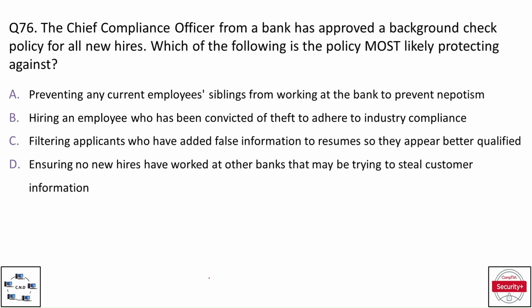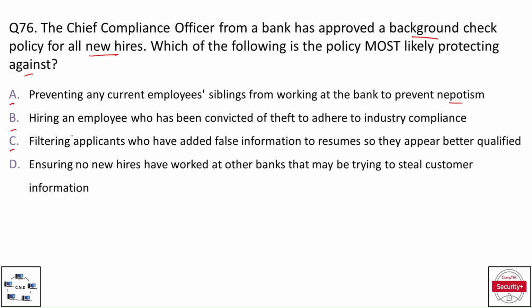Question number 76. The Chief Compliance Officer from a bank has approved a background check policy for all new hires. Which of the following is the policy most likely protecting against? And the options are option A, preventing any current employee's sibling from working at the bank to prevent nepotism. Option B, hiring an employee who has been convicted of theft to adhere to industry compliance.